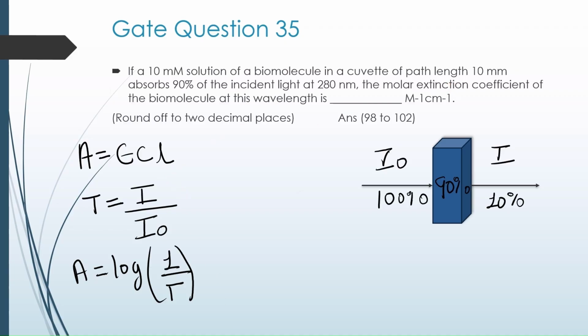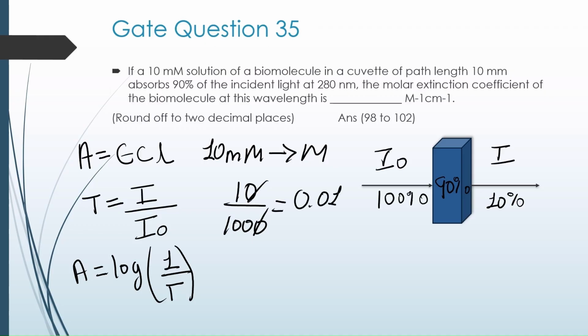So let's convert first. 10 millimolar you have to convert to molar. To convert millimolar to molar, you have to divide by 1000. So the 0 gets cancelled, that is 0.01 molar. Concentration is 0.01 molar.